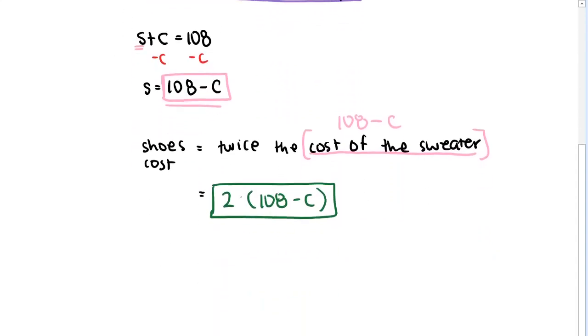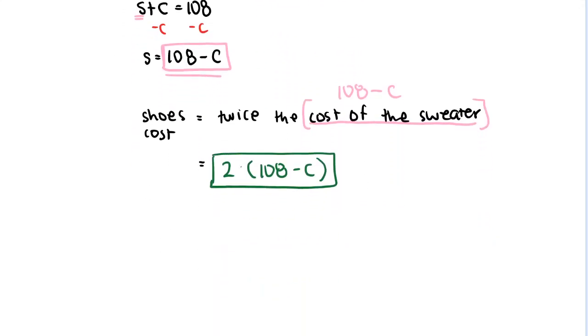So let's simplify this expression. Here there's a distribution we can apply, right? This is 2 times a difference. This is equal to 2 times 108, this is 216, and then minus 2 times C. This is the cost of the shoes.